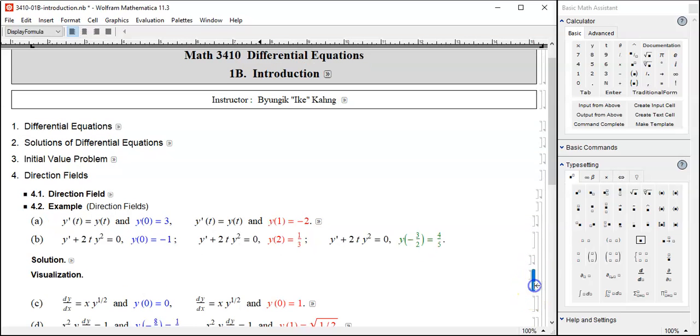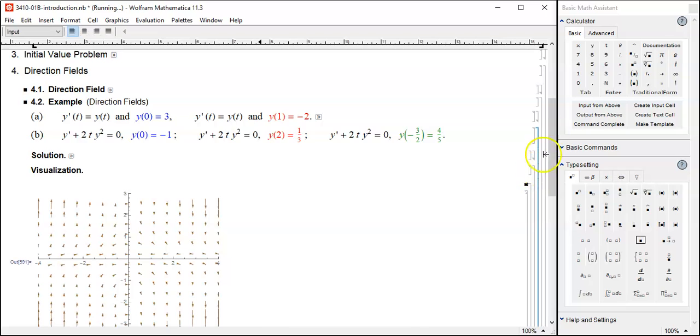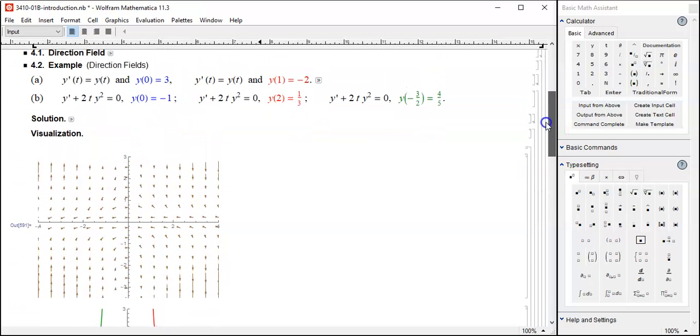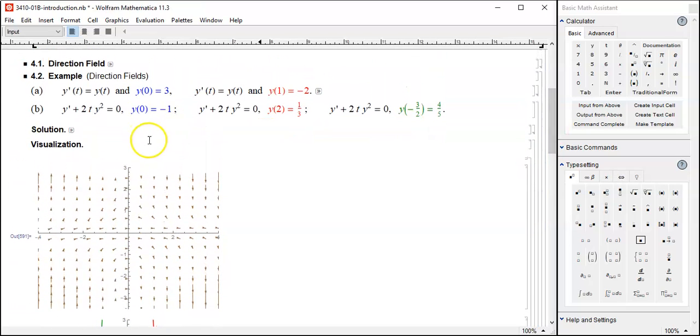How about the next example? Again, let me go to the direction field. Goes like this. Let's see.